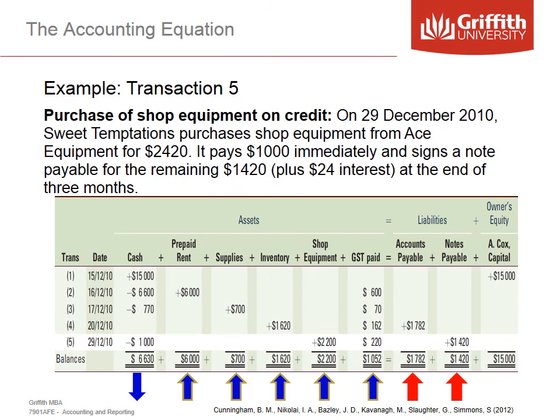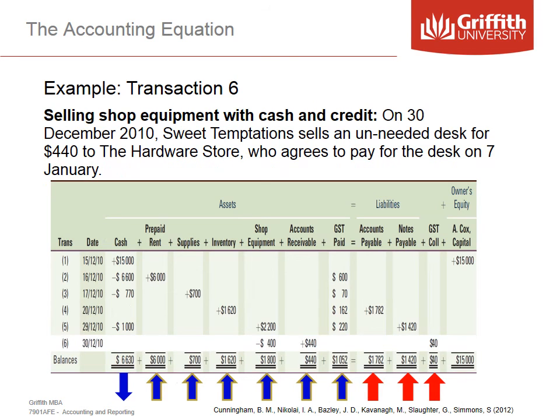Let's quickly do another transaction. Spend some time looking through these transactions. Make sure to look at a couple more. It would be good for you to, in your own time, stop and make sure that you understand each of these transactions.